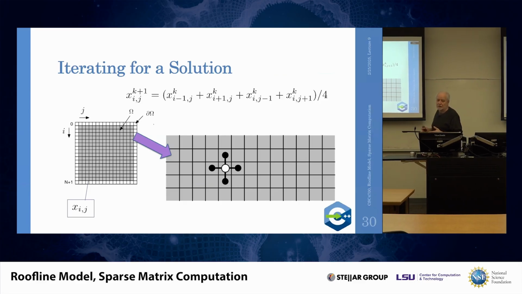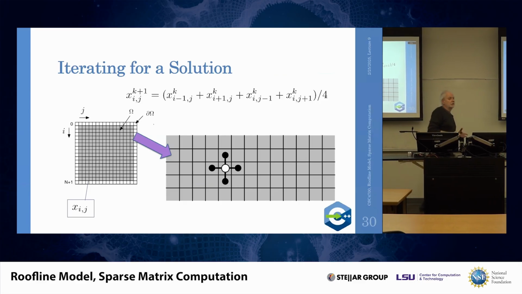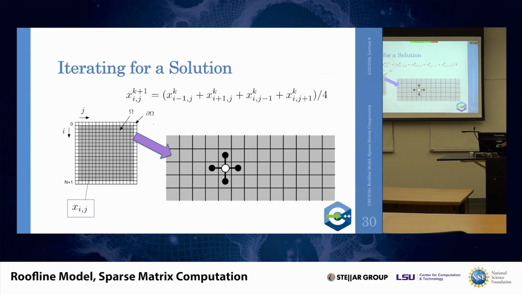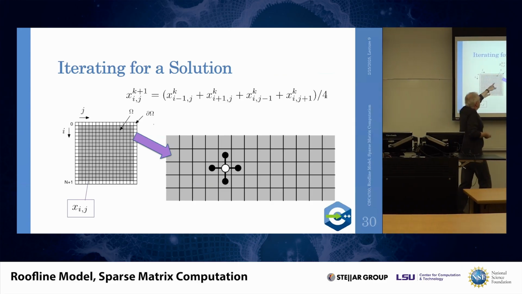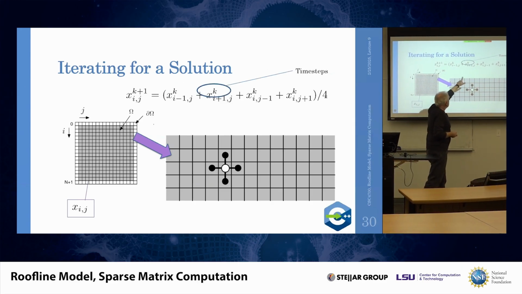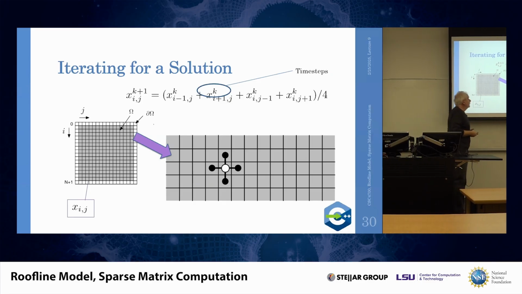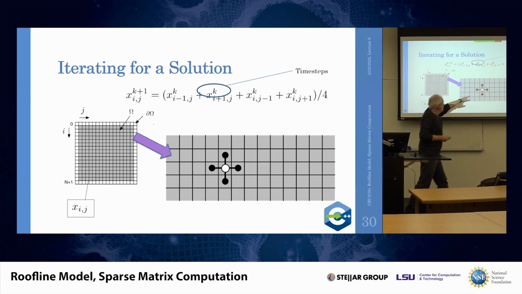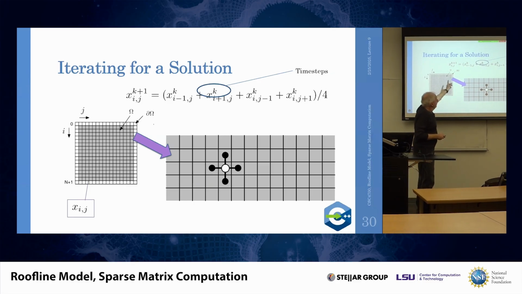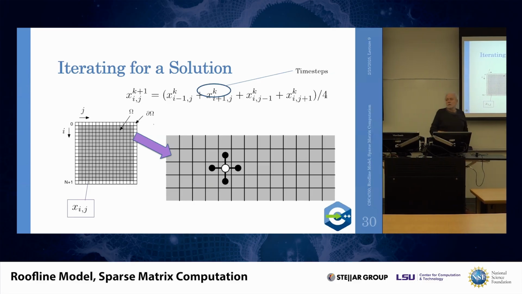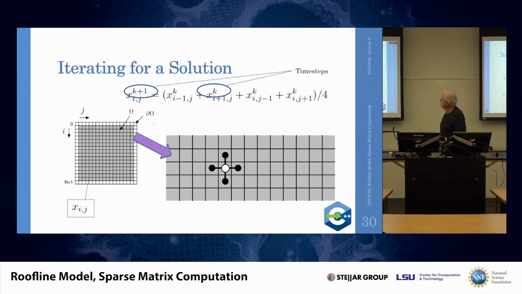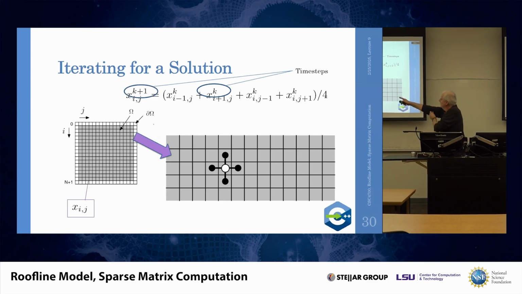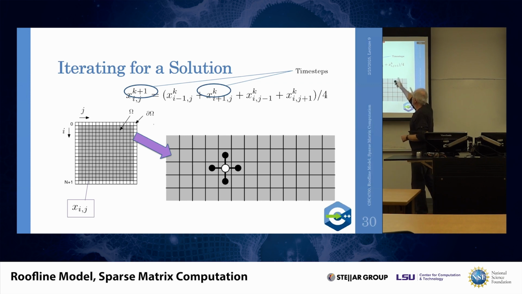If you want to turn that into an iterative process to get to the solution, we introduce time and say, okay, these are our time steps, k is the time step, and we compute the value on the next time step of each of the points by computing the average over the surrounding points. So we get the value on the next time step based on the values on the previous time step by averaging the surrounding points.